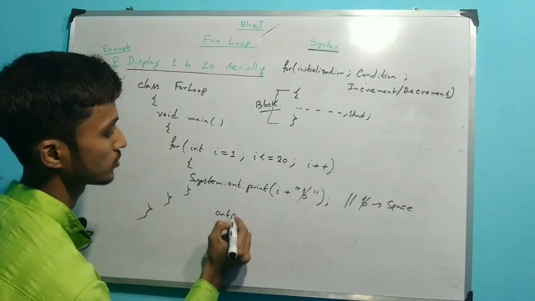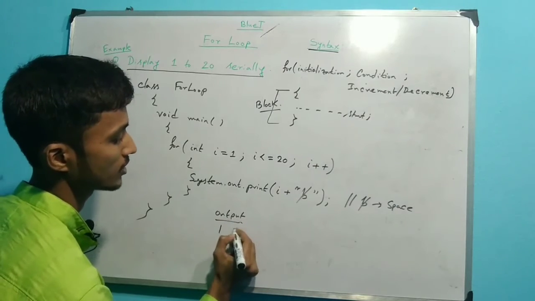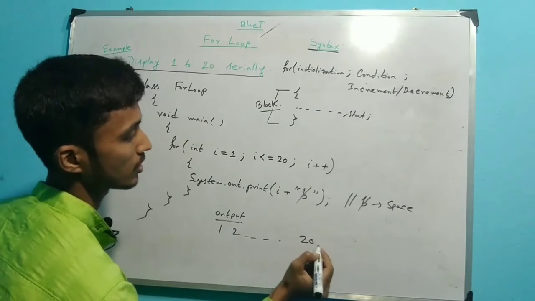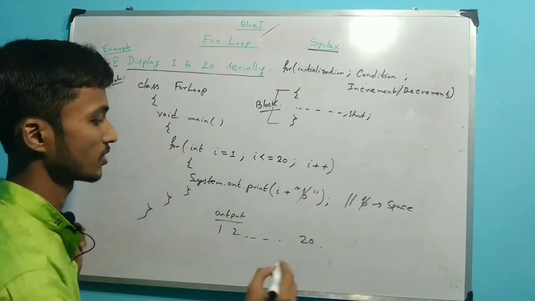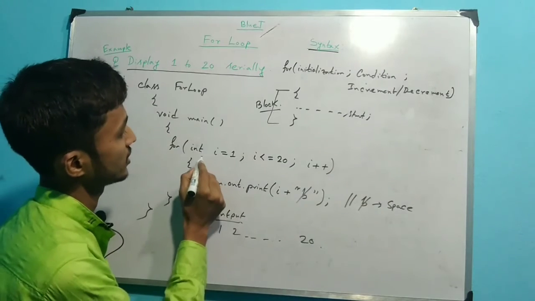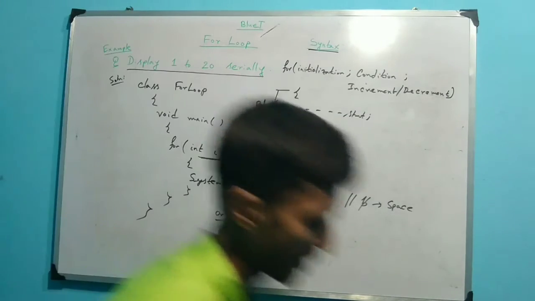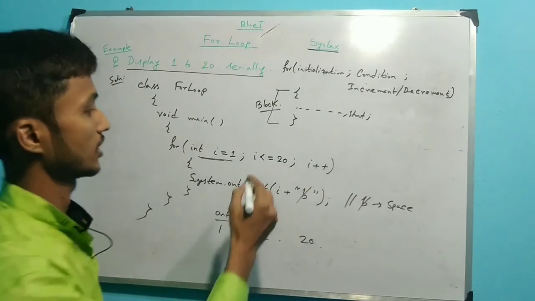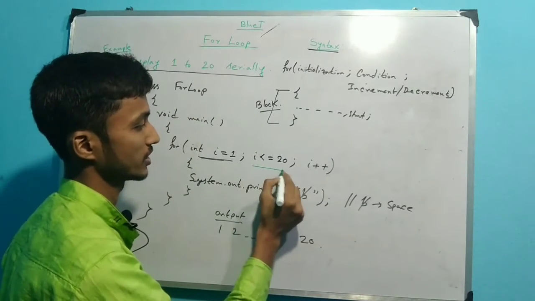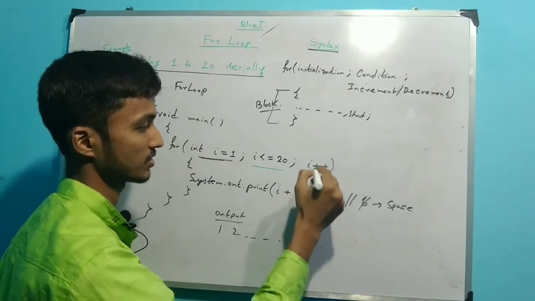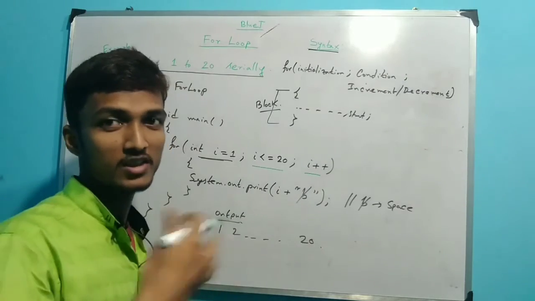So the output is 1 to 20. First, initialization: i equals 1. Then the condition: i less than or equal to 20. This time, i increments.